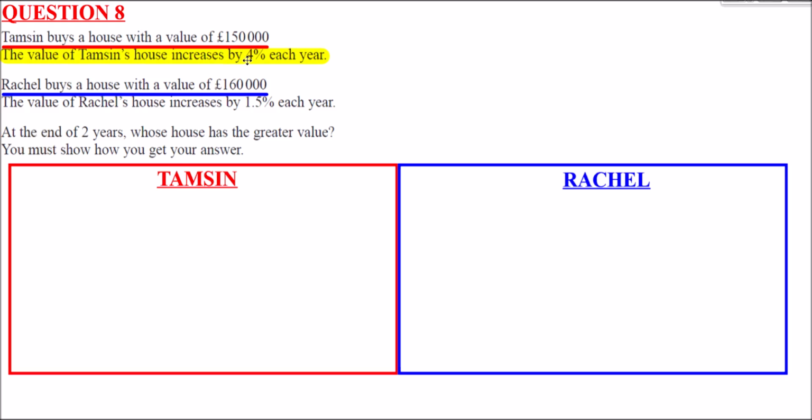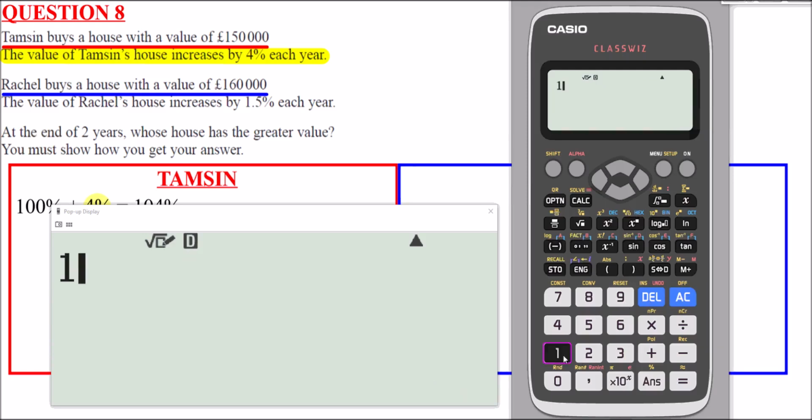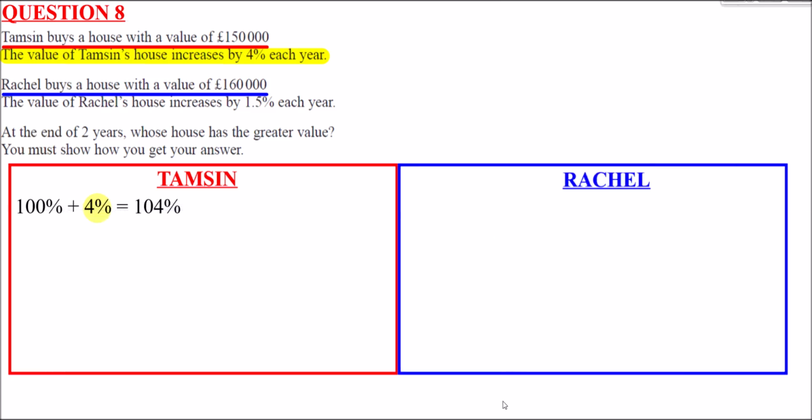So before anything happens to a value, it always starts off as 100% of its original self. So 100% plus 4%, it will become 104% of its original self, and as a decimal, 104% is 1.04. And that has a particular significance. This is what's often known in textbooks, and by myself, as the decimal multiplier. This is the decimal we're going to multiply the initial value by, the number of times the house is increasing in value.